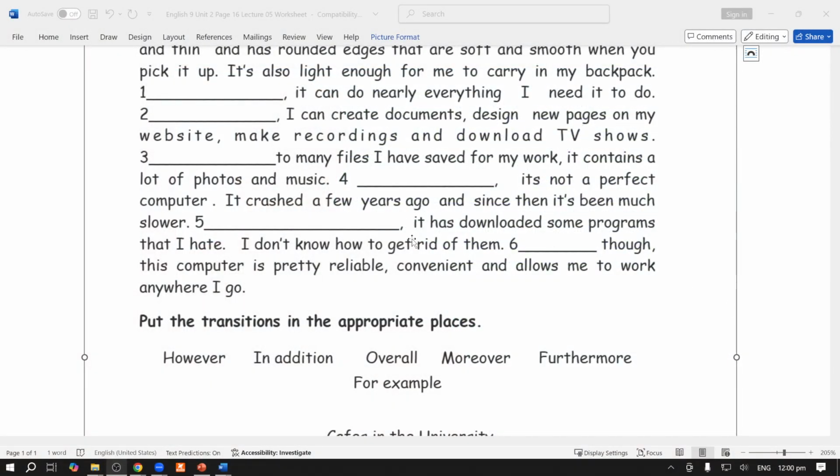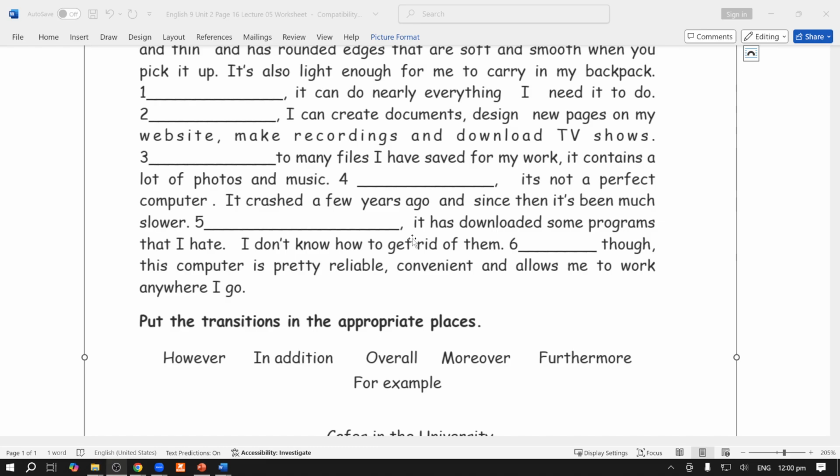So in the previous lines, the writer was telling the benefits of the notebook computer, and he was saying that it's light enough to carry in my backpack. Moreover, it can do nearly everything I need to do. For example, I can create documents, design new pages on my websites.